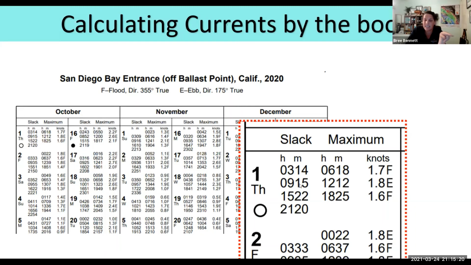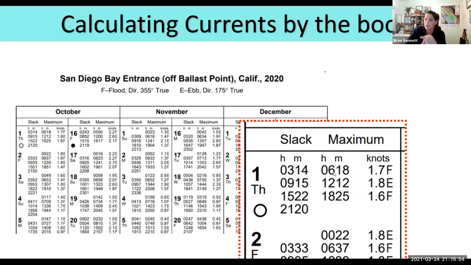And then we go to slack, a 0 velocity, at 9:15. And then at 12:12, we go to a 1.8 ebb. And then the ebb gets weaker and weaker until it gets to a slack. And then we get to a max flood. And then we go to a slack. So we're zigzagging through 0, slack, and our maximum ebb or flood.